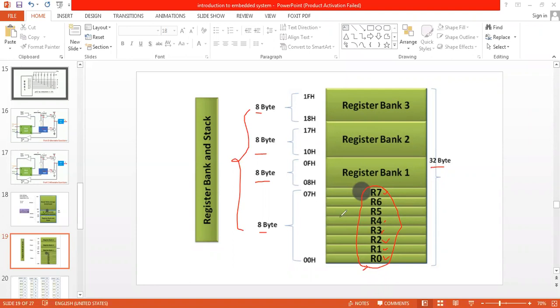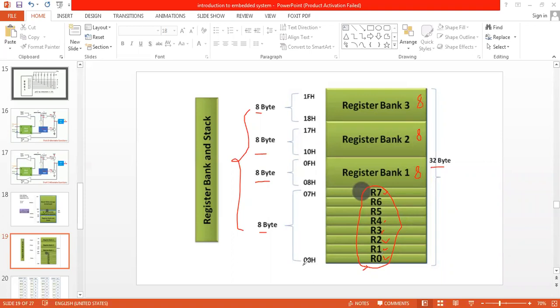It means there are 4 register banks in the 8051. Each register bank has 8 registers. Each register has one memory location.